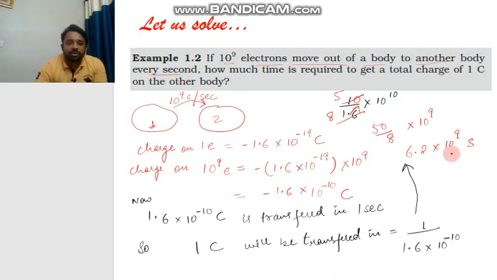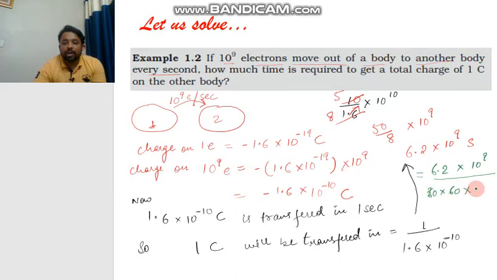Now just to give you an idea what this value of time is, it is in seconds. To convert it into hours, I have to divide it by 60 into 60. Dividing by 60 will convert it into minutes, and then further dividing by 60 will convert it into hours.